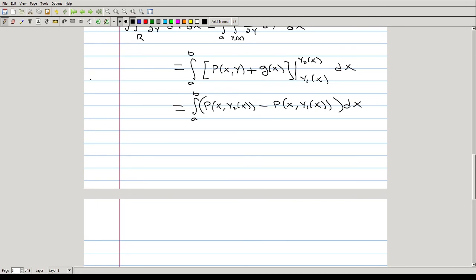And we know from our sum rule we can re-express this as the integral from a to b of p of x comma y2 of x dx minus the integral from a to b of p of x comma y1 of x dx.